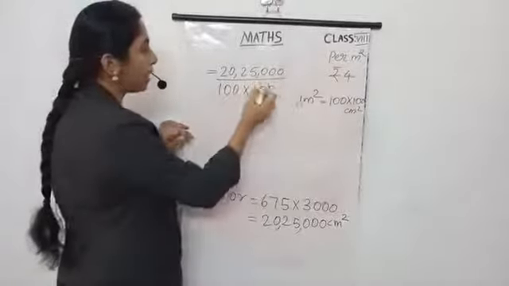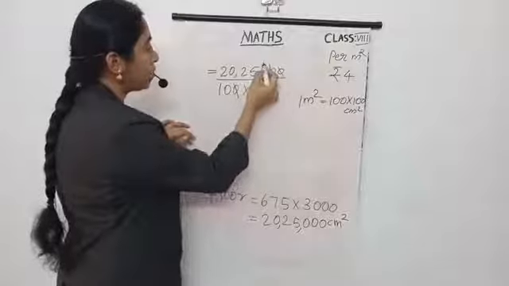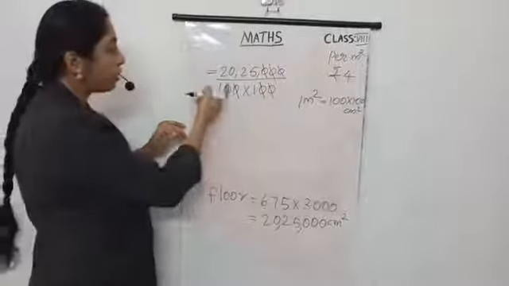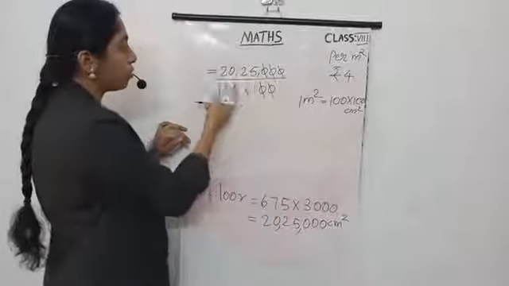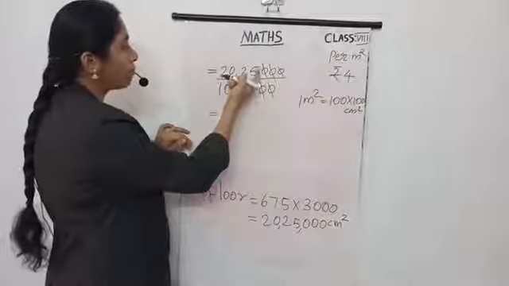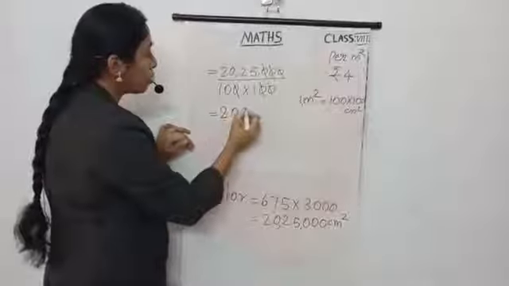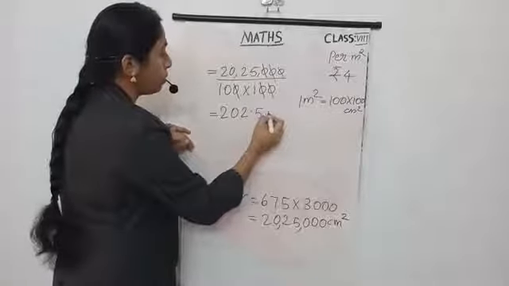Before that, divide this. So 0, 0 cut. This 0, 0 cut. Again this one and this one cut. Then 2025 by 10. By 10 means put point after one digit from the right. So 202.5 meter square.